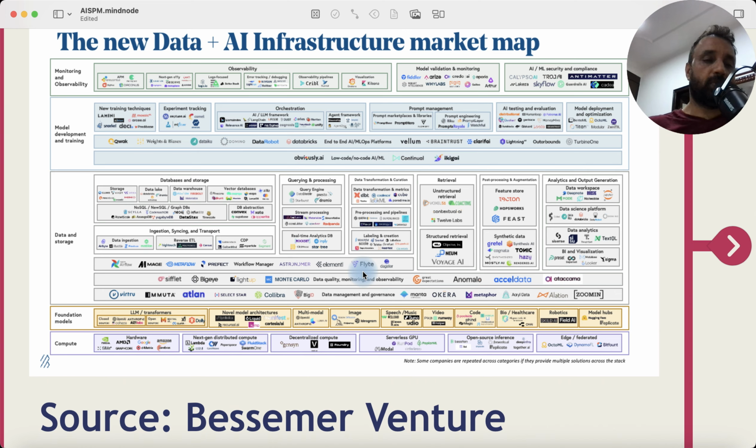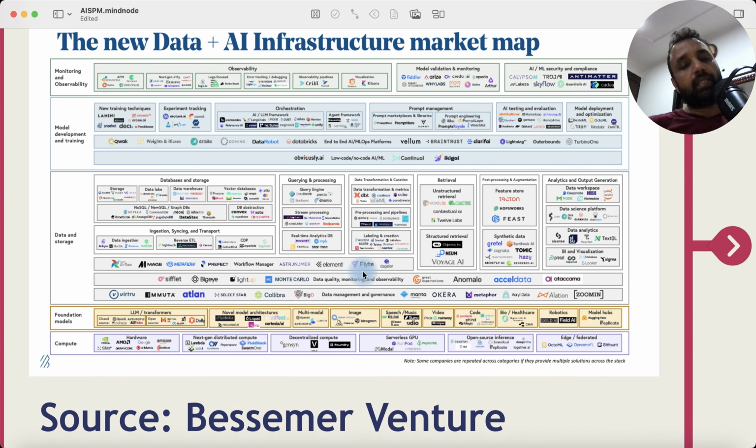So it starts with compute, models, data and storage, and then of course the model development and training, which could include orchestration, prompt management platforms, AI testing and eval platforms, model deployment and optimization platforms, and then of course the observability part, the model validation and monitoring part, and of course security.